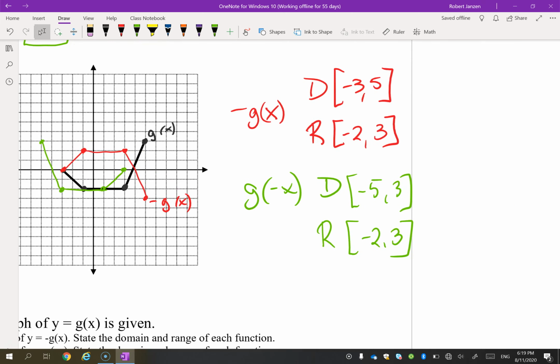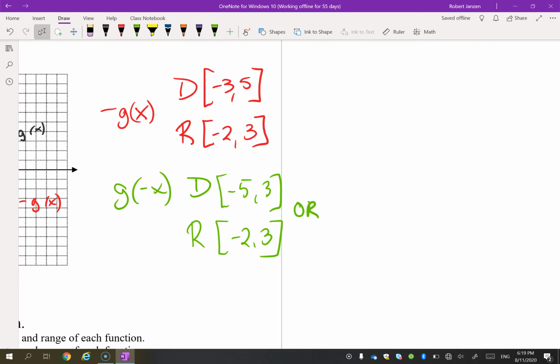By the way, you're not going to see that in your textbook, so let's write this in another way. How do I write from -5 to 3? We're going to say x such that, okay, that's what that means, and we're going to say that x is between -5 and 3.